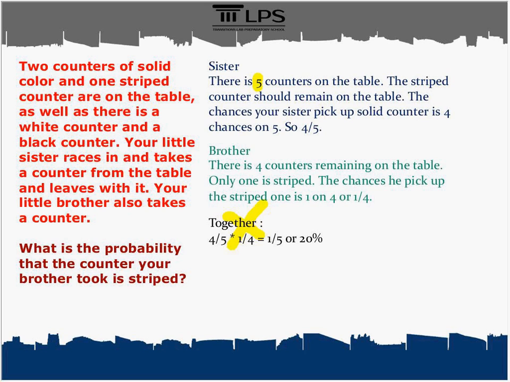A good question. That's the reason why I have taken into consideration only 4 counters that are solid. Only 4 counters that are solid. That sure that the sister will select, and the brother will select the striped counter.